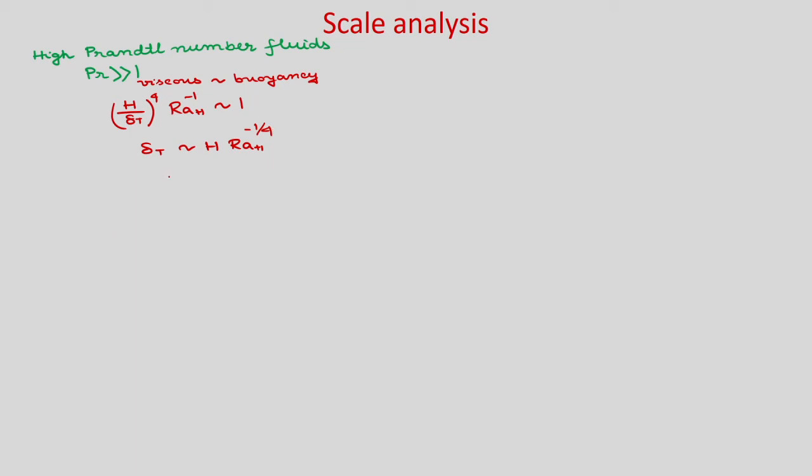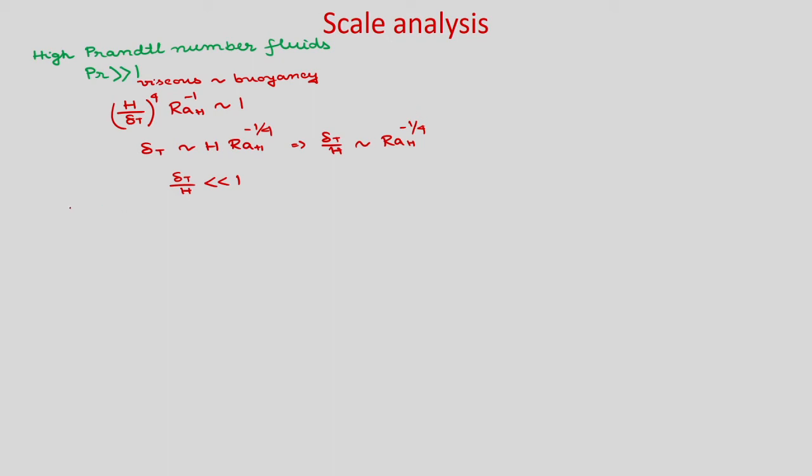Okay. And we know that delta t by h, we have assumed that it is much less than 1. From here you can see delta t by h will be order of Ra_h to the power minus 1 by 4. If delta t by h is much less than 1, then this Rayleigh number should be very high, because it is of the order of Rayleigh number h to the power minus 1 by 4. So, minus is there.